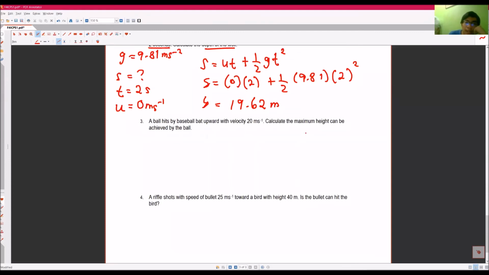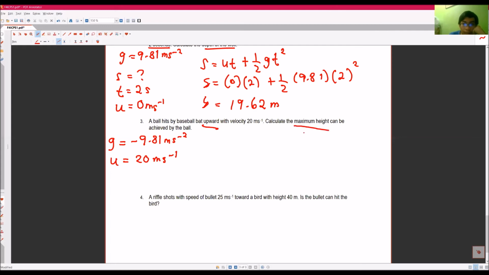Okay, next. A ball is hit by a baseball bat upward. Okay, this one is upward, from bottom to up, the value of g is negative because it's slowing down, with velocity 20 m/s. So this is the initial velocity, because the final velocity should be 0 when it reaches the maximum height and then falls back in free fall.